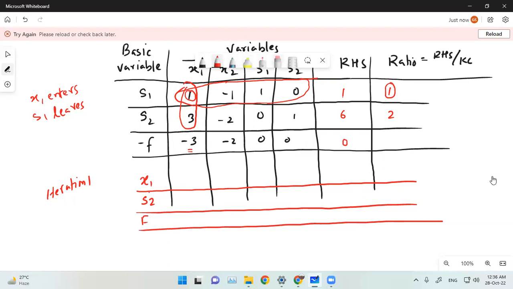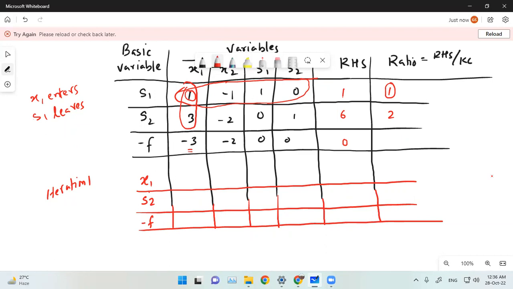Actually it's better to write the appropriate notation, that is minus f. Let's see whether we have to go for another iteration or not.